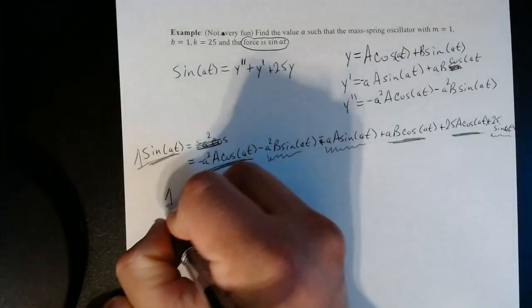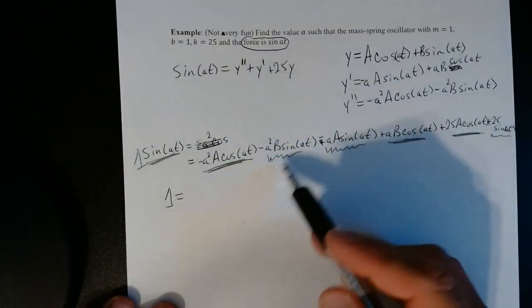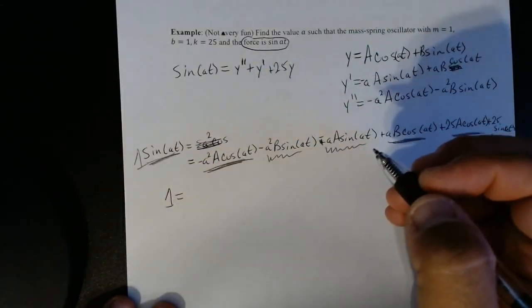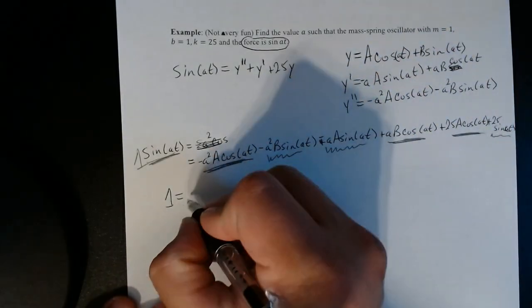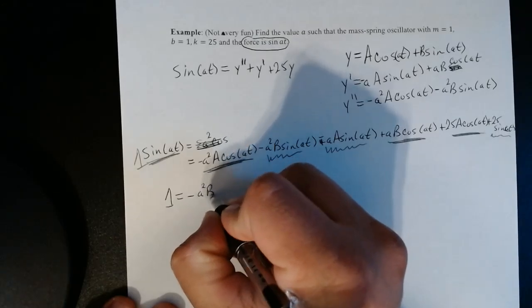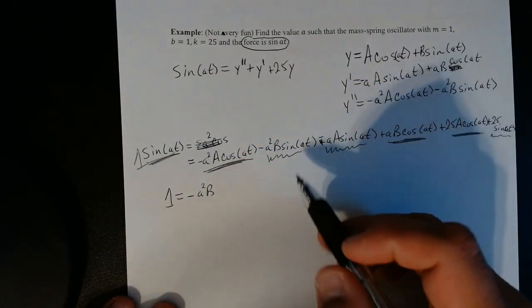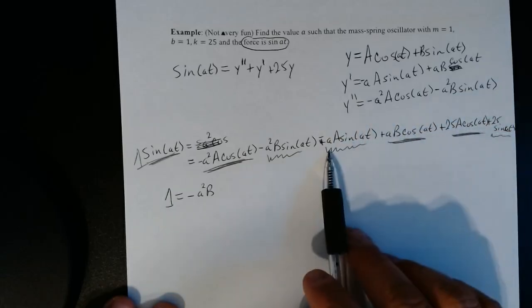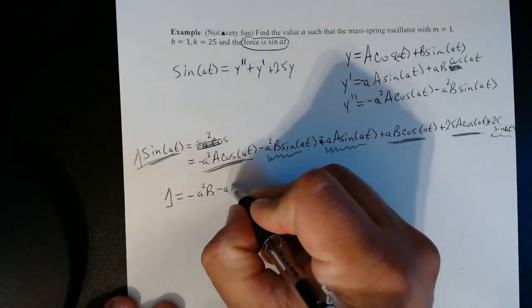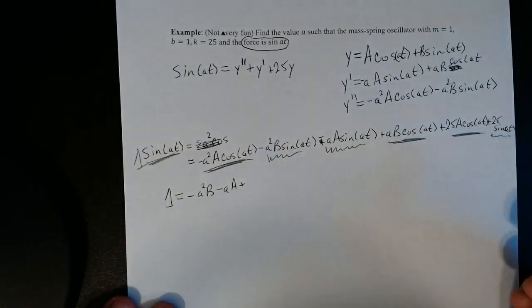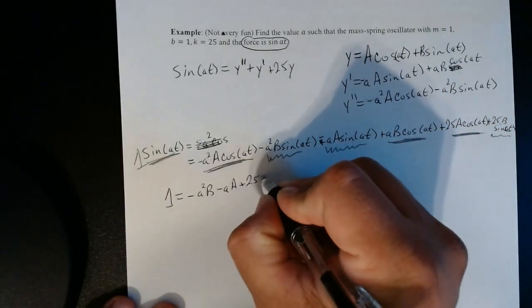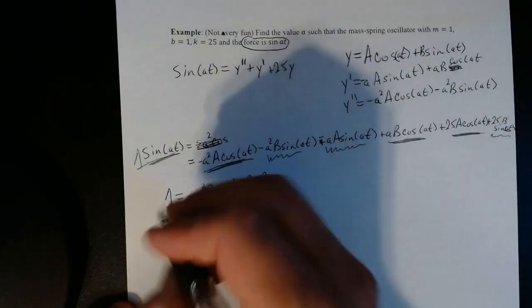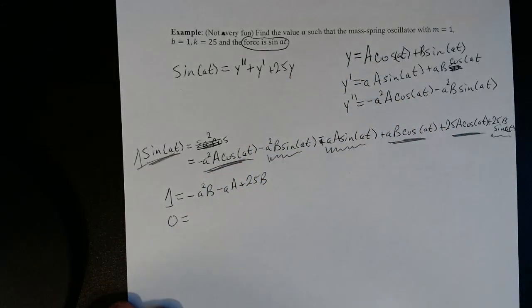So now this becomes 1 is equal to minus a squared B, and here, and then finally plus 25B. This would be here as well. And now 0 will equal the respective parts of the cosine.